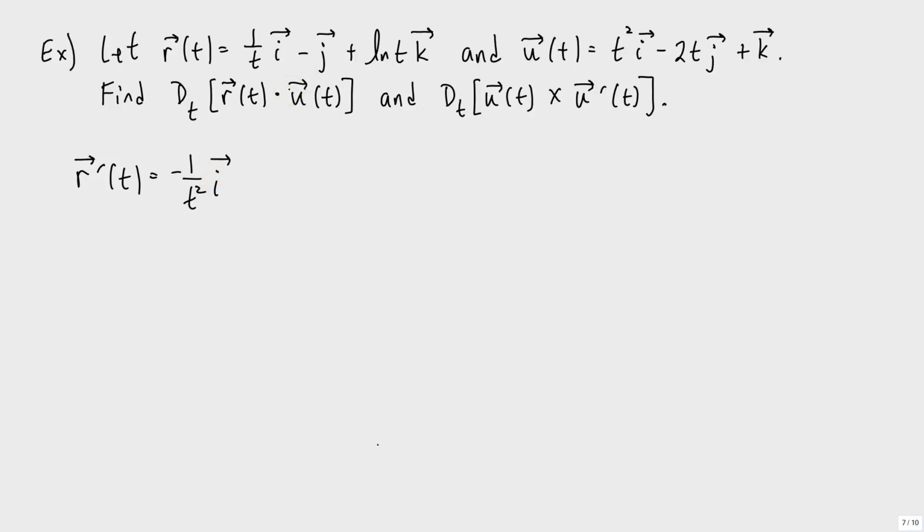Derivative of negative 1 would be 0, and the derivative of natural log t is 1 over t. The derivative of function u would be, let's see, 2t times function i minus 2 times function j. The derivative of that would be 0.